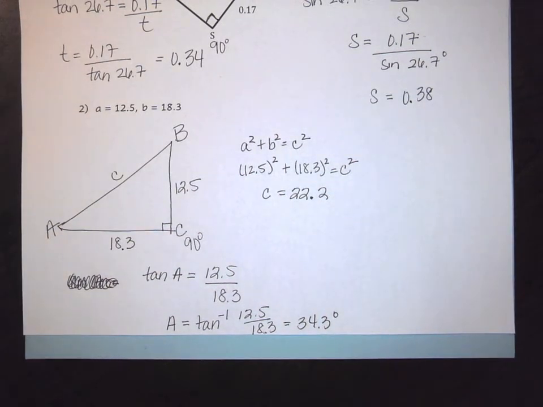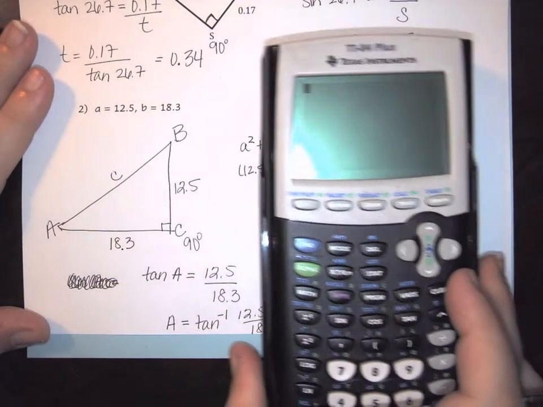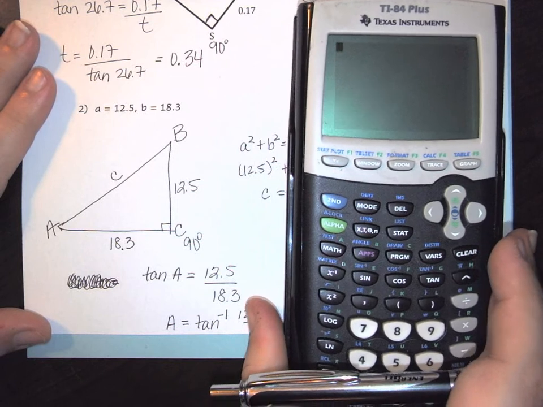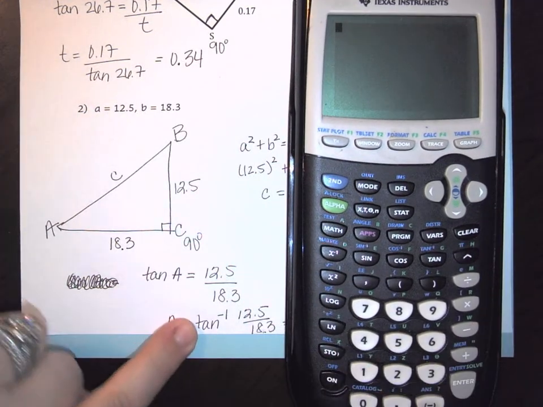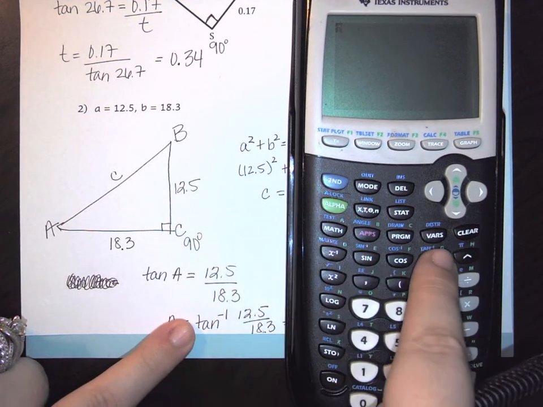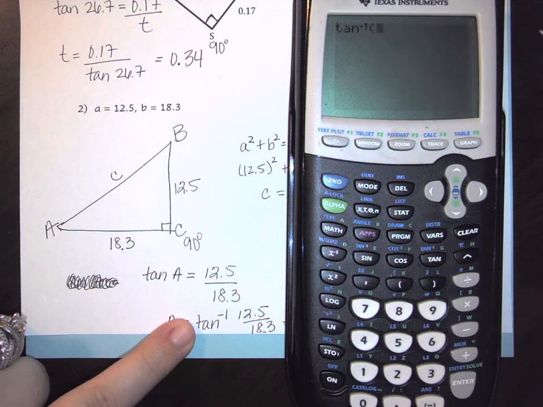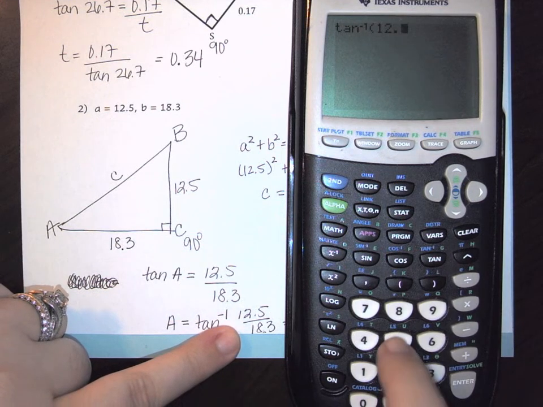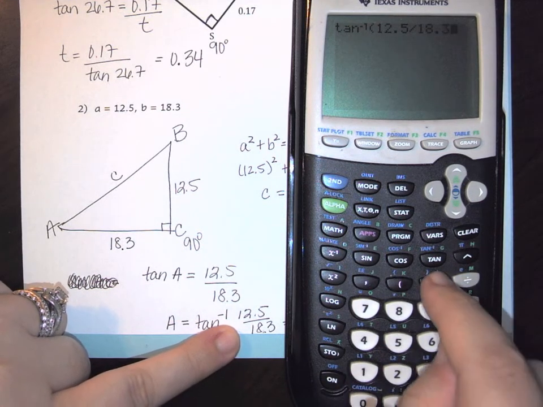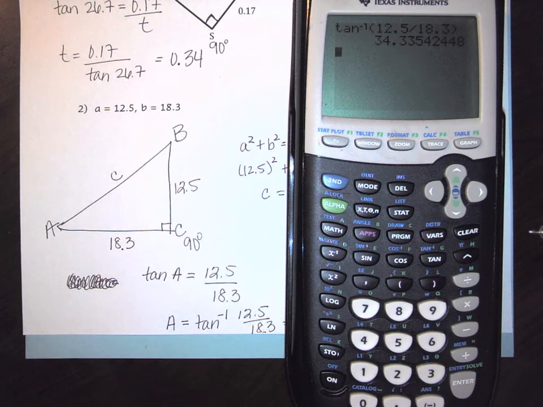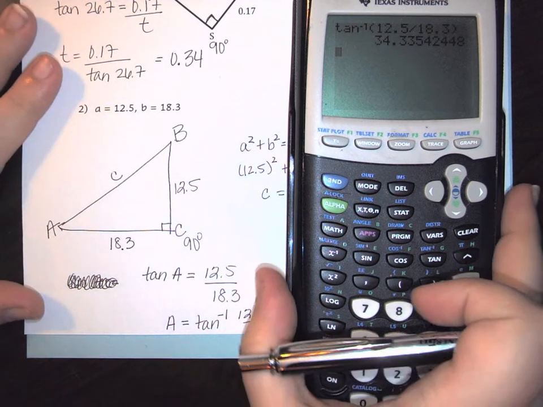Now, the way that we get that is to take your graphing calculator, and we need to do the inverse, so we're going to go second of tangent, so notice that gives me my inverse, and we're going to input 12.5 divided by 18.3, and here we got your 34.3 degrees.